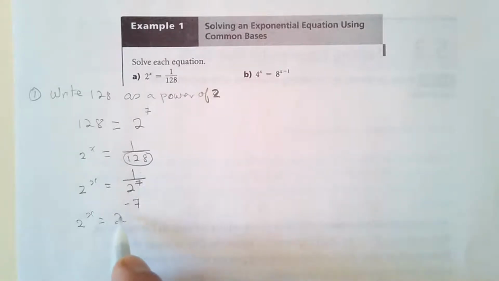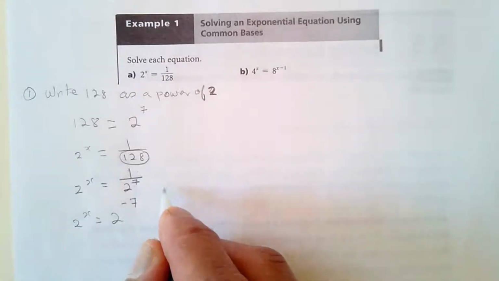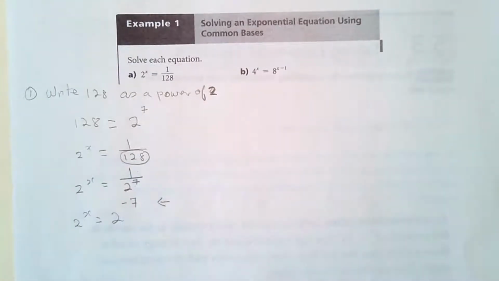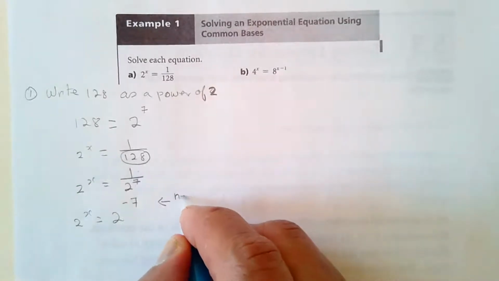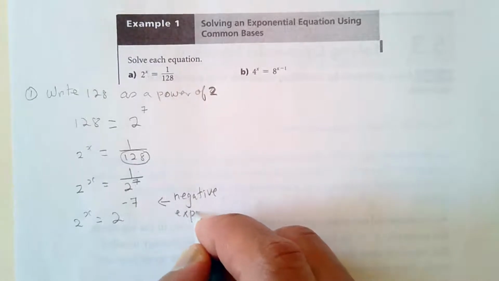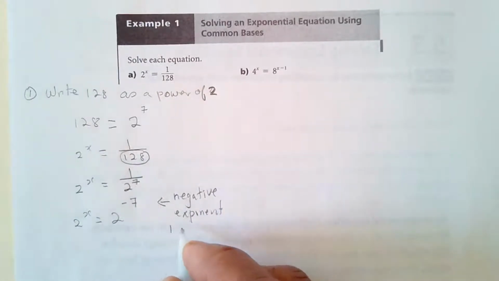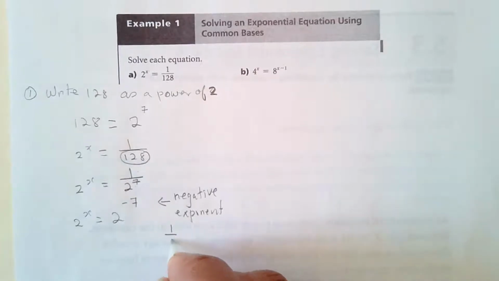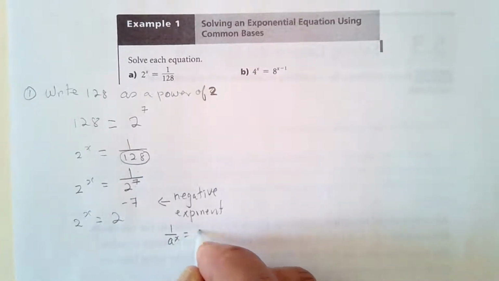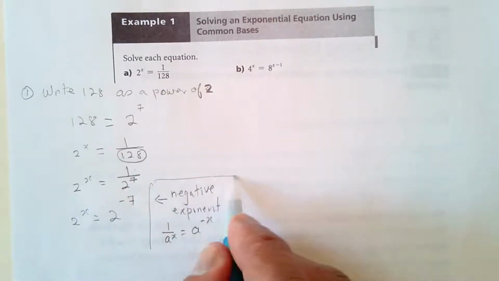Now I'll equate. In this case, I use my negative exponent rule. And just to remind you, 1 over a to the x is equal to a to the negative x. So that's what I'm using here.